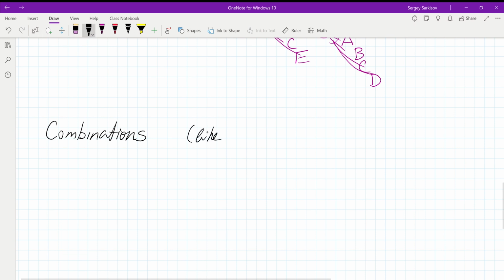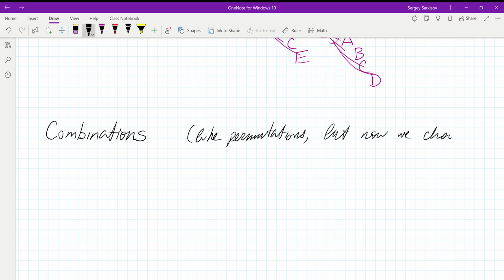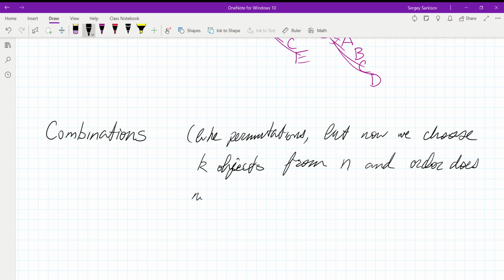Okay, now, what is combinations versus permutations? It's like permutations, but now when we choose, let's say, K objects from N, for example, we had 26 letters, and order does not matter.